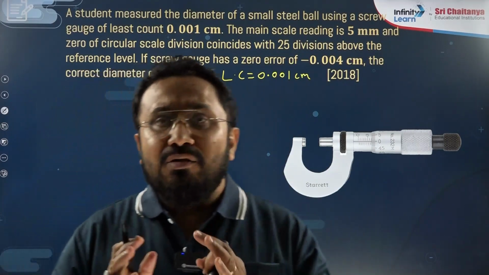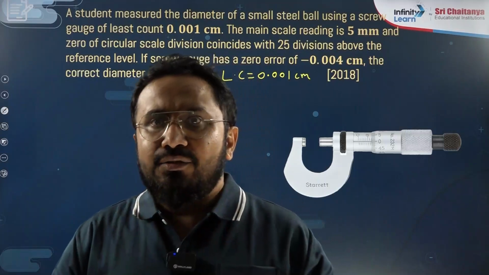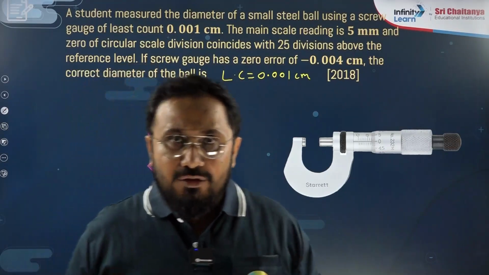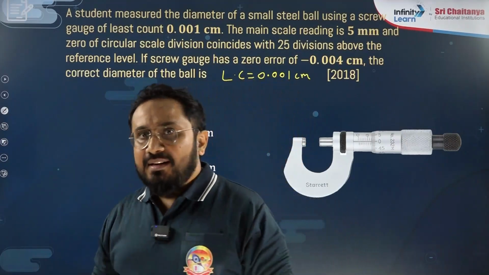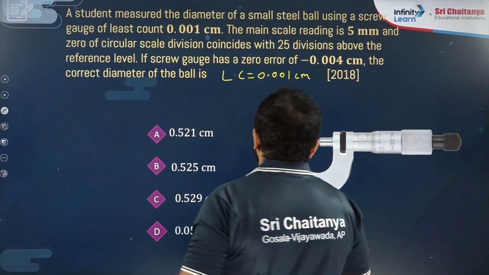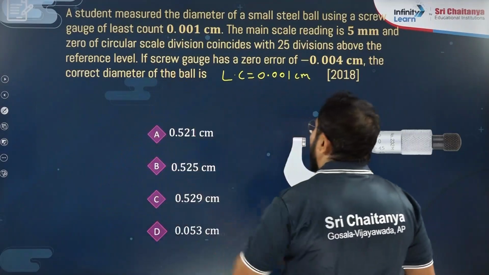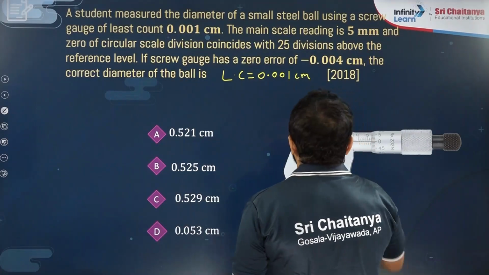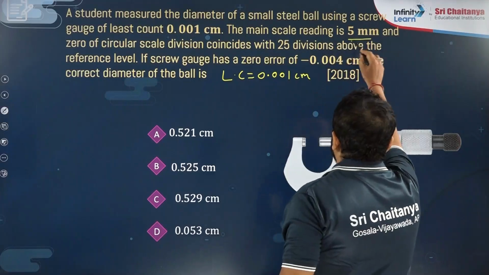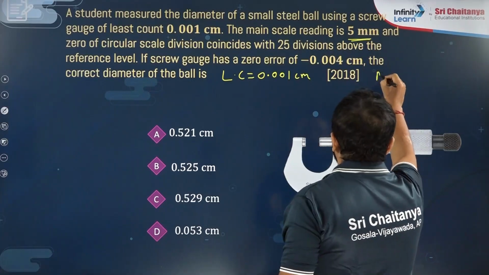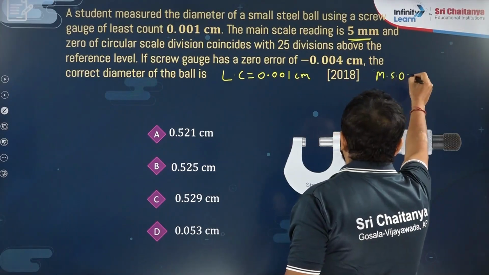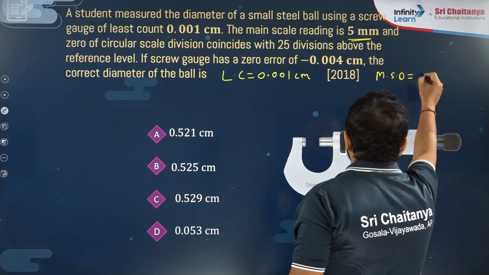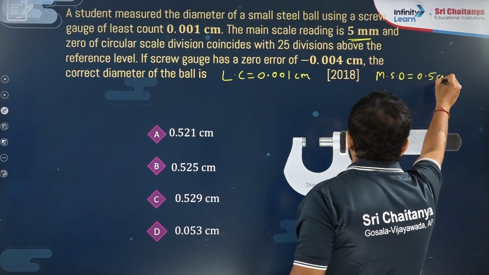Because then you can convert the units. You should see that everything is given in the same unit. When everything is in the same unit, then only it will work. Least count is given in centimeter, but main scale is given in mm, so convert it. What is the main scale reading? That is your 0.5 centimeter.